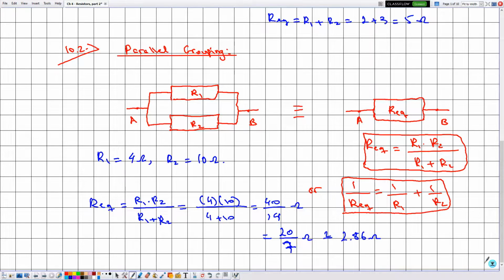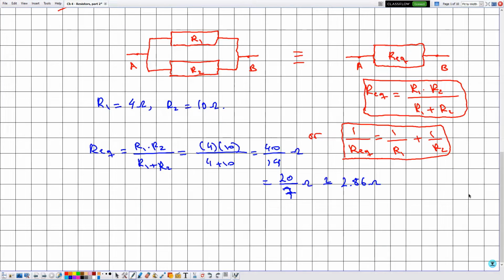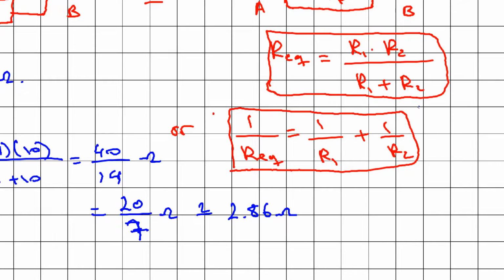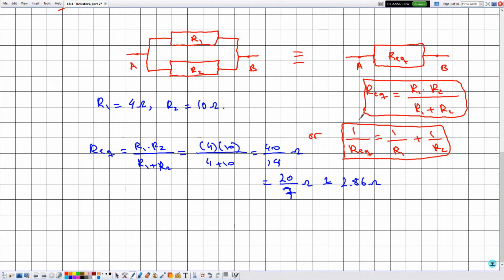Then another way to calculate R equivalent is using this formula. Now I will state the advantages and disadvantages of each one. Now in this case, 1 over R equivalent, so here I'm calculating it using another method, is equal to 1 over R1 plus 1 over R2.